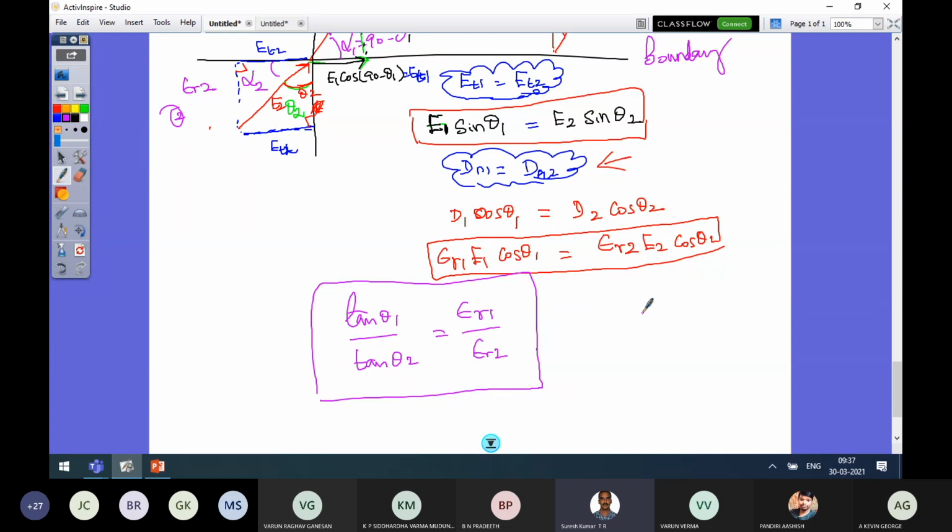So the idea is, if the angle the electric field makes with the normal to the boundary is given in medium 1 or medium 2, let us say theta 2 is given, then you can calculate the bent angle, theta 1. Theta 2 will be given, theta 1 you can calculate, and that will be a function of the medium parameters like epsilon r2 and epsilon r1.